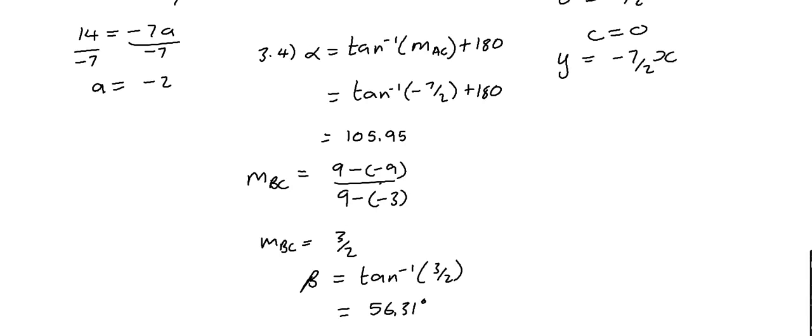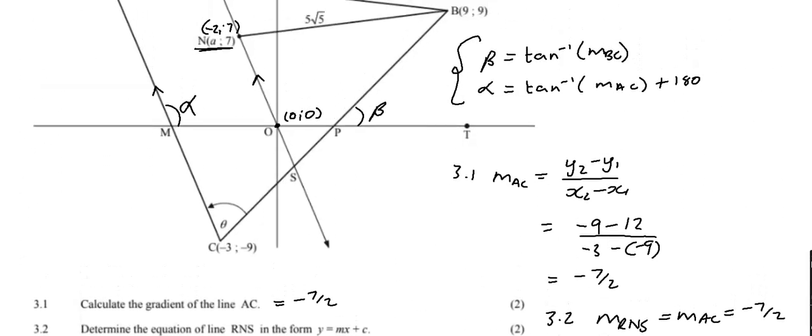Now let's look at the geometry of this shape. I did say earlier that this angle beta is also existent this side. I just want us to use this triangle here, MPC.